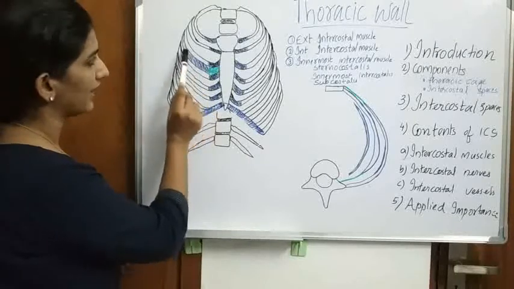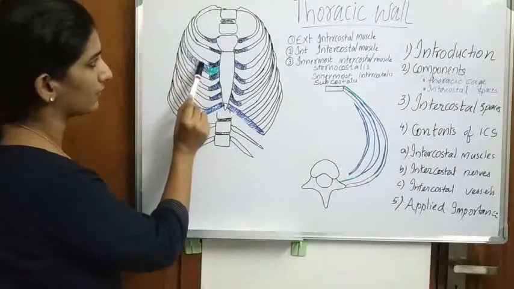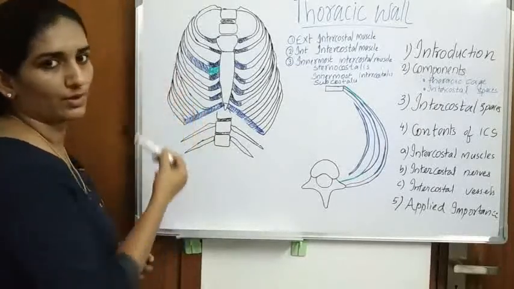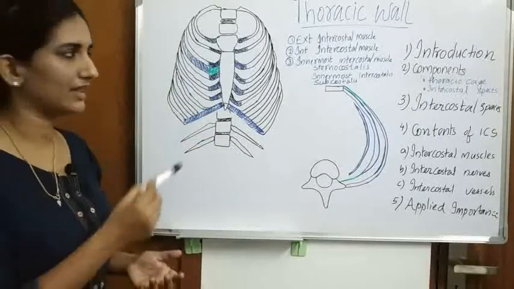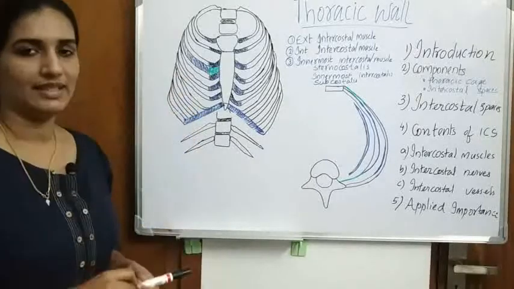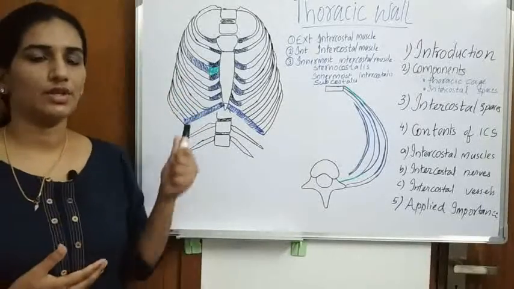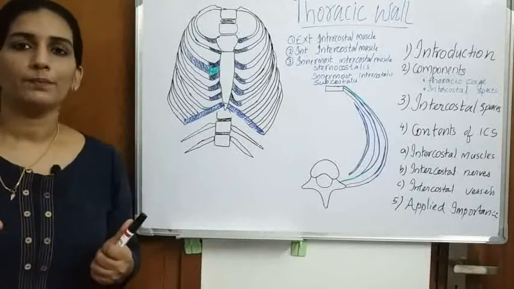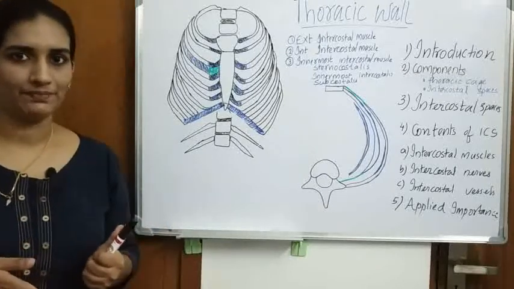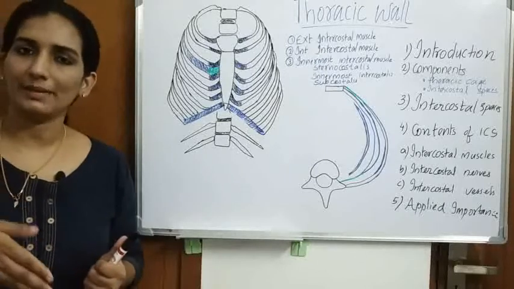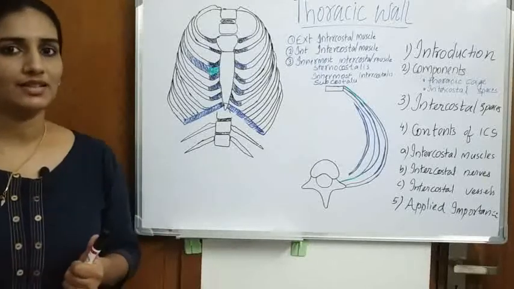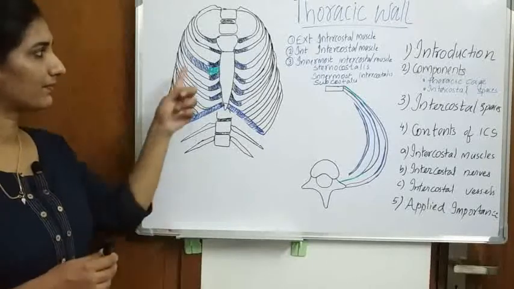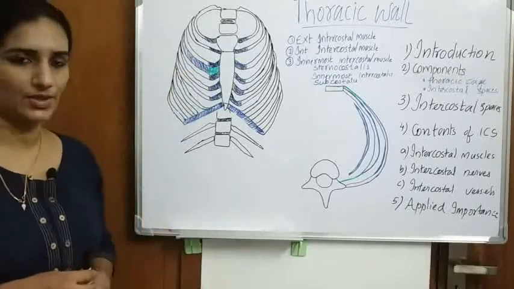This muscle takes origin from the lower border of the third rib and gets inserted into the upper border of the rib below, that is the fourth rib. The direction of the fibers of the external intercostal muscle is downward, forward and medially, as when we insert our hands in pants pockets. So that is the external intercostal muscle.